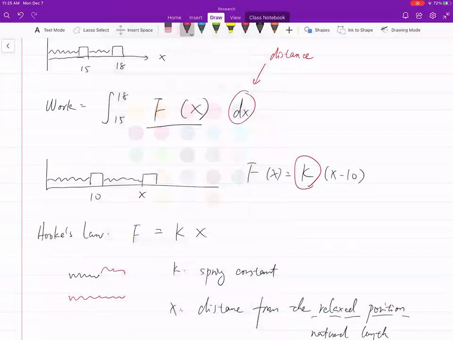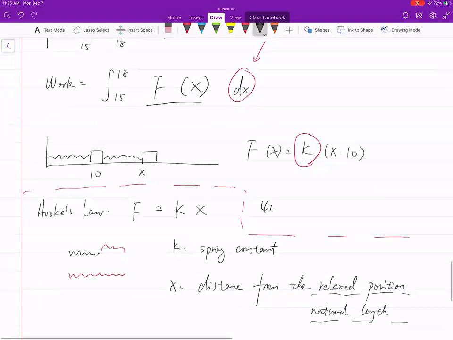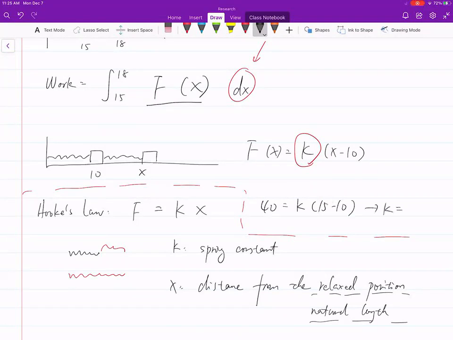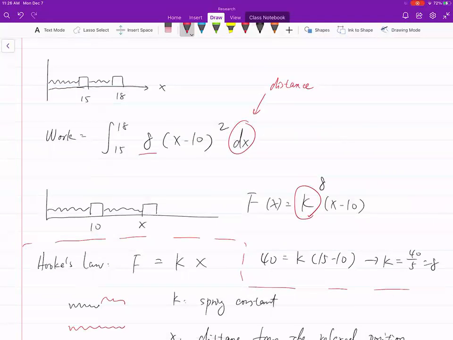From the problem, if I plug in 15, I should use 40 Newton. This implies K equals 40 over 5, which is 8. And finally, this is the force, and that is the distance.